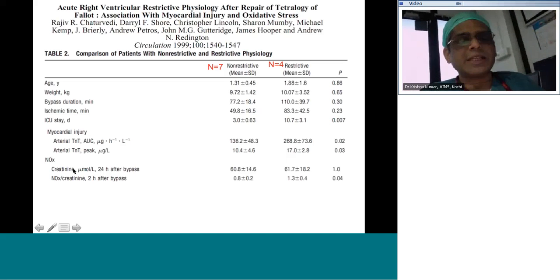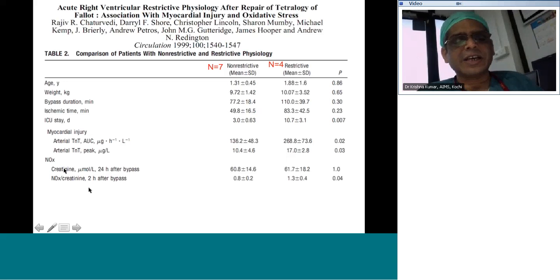Then they measured oxidative stress by means of NOx, which is basically a measure of oxidative stress, and they found that the ratio of NOx to creatinine clearance 2 hours after bypass was much higher in the group having restrictive physiology.